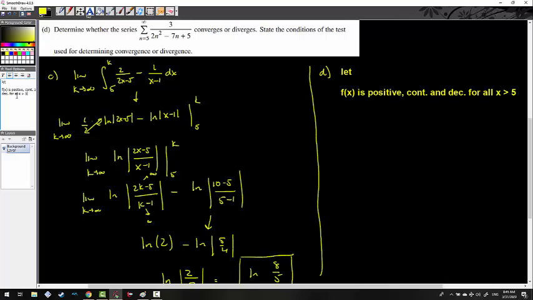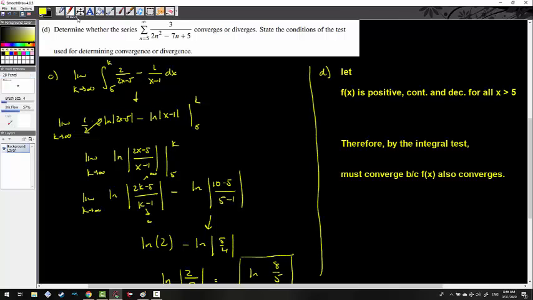Now from here, you can go ahead and just copy and paste your integral test from part C into part D. So assuming you did all that, you could just say, therefore, by the integral test, the sum must converge because the integral of f of x also converges. And I'll go and fill in all those spaces right now.